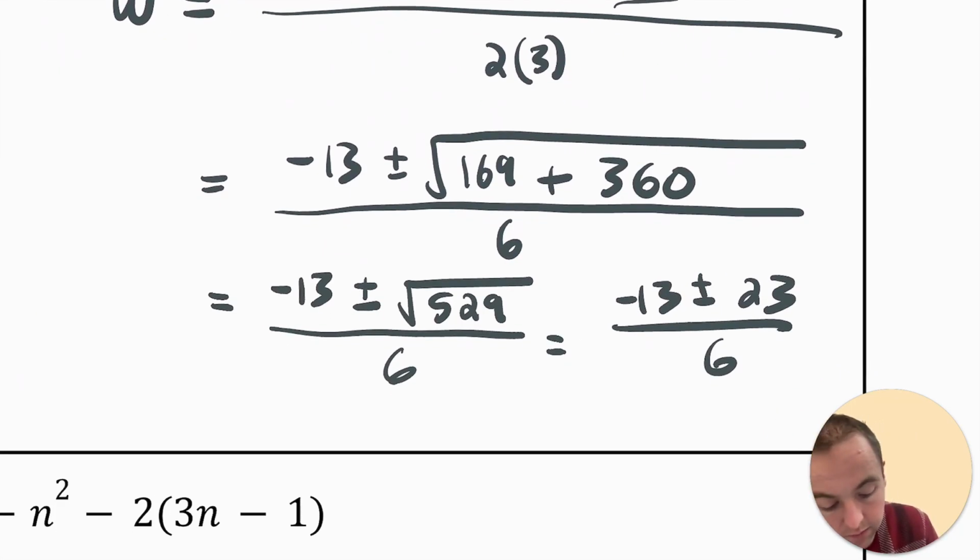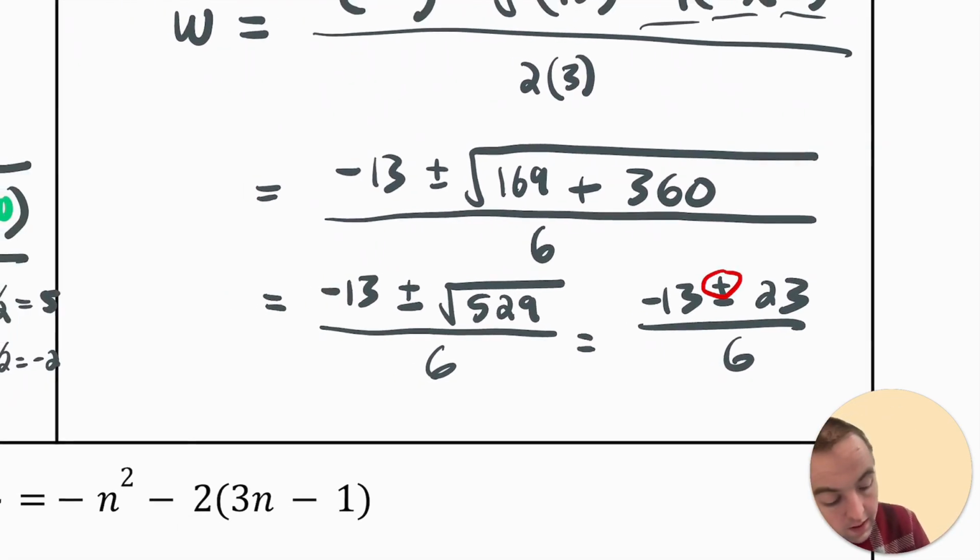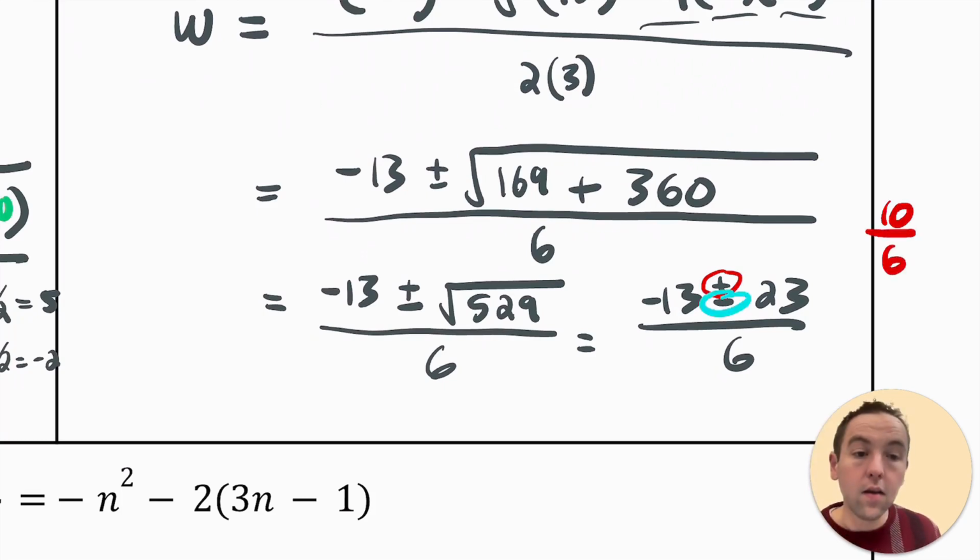Then we can find the two individual things we're going to get here. If we plus first, I would do negative 13 plus 23. That would give you 10 positive over 6. And then if I minus second, negative 13 minus 23 is negative 36, which is over 6.